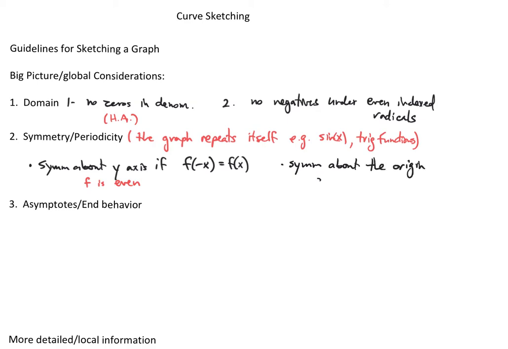That's going to happen when f of negative x is equal to negative f of x. So you guys probably recognize that that means f is odd. The nice thing about having symmetry or periodicity is you could just graph a piece of the graph and then either repeat it if it's periodic or flip it as necessary if it's symmetric. So understanding the symmetry or periodicity would make your situation a little bit more straightforward.